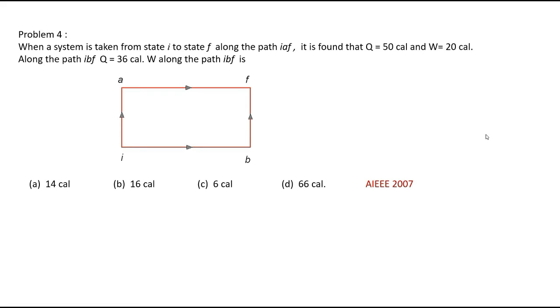See here, I is the initial state. The system is taken from state I to state F along the path IAF, this way. It is found that Q is 50 and W is 20 calories.